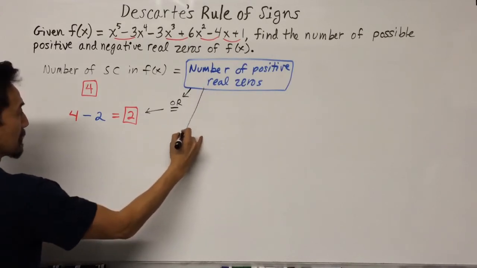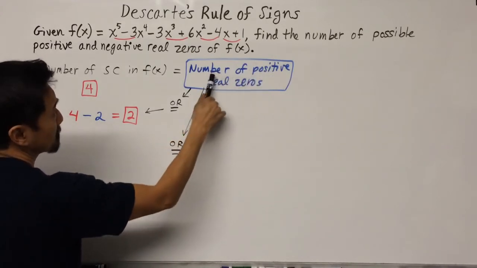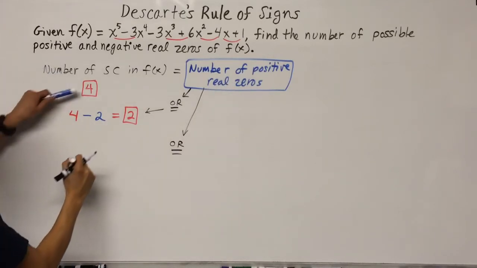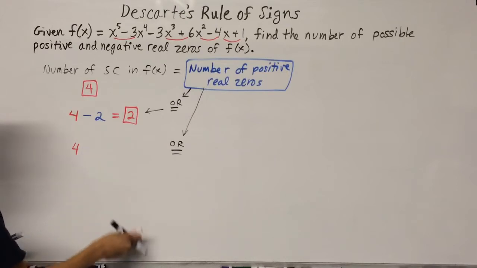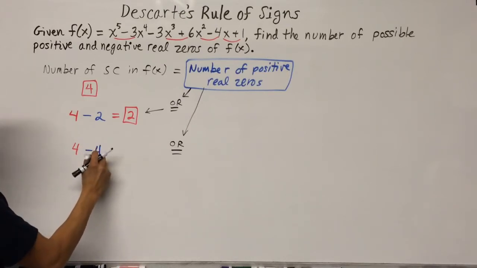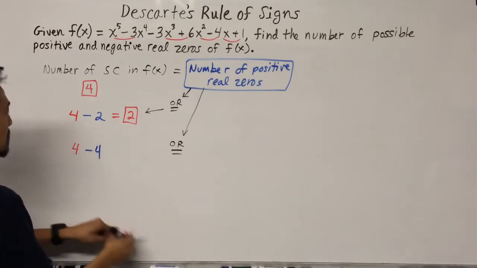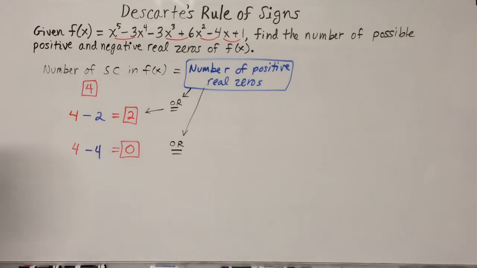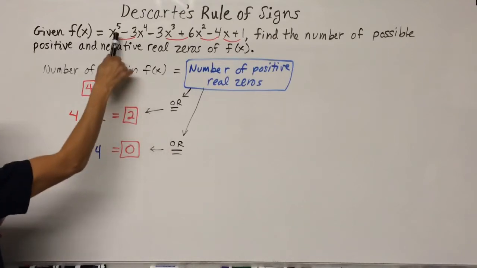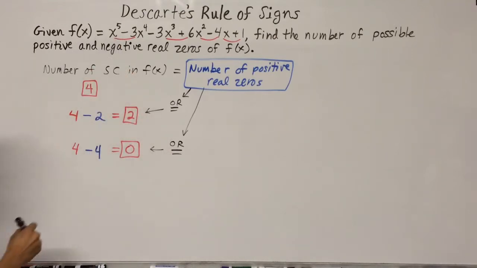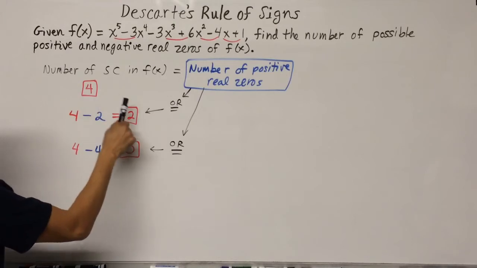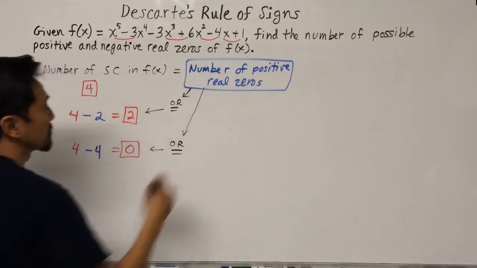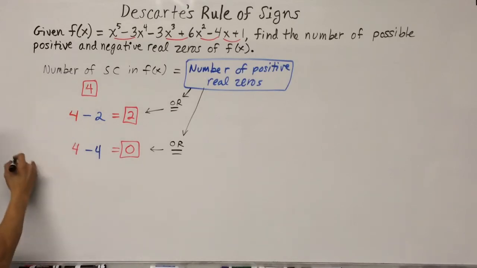Or, the number of possible positive real zeros is going to now be this 4 here minus 4, which is going to give us 0. Okay? So for this particular polynomial, it's possible that it has either 4 or 2 or 0 positive real zeros. Okay? All right.